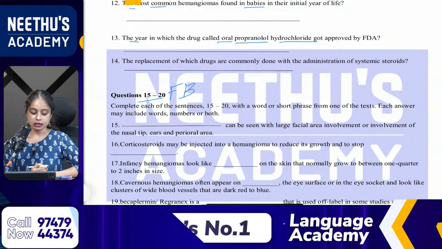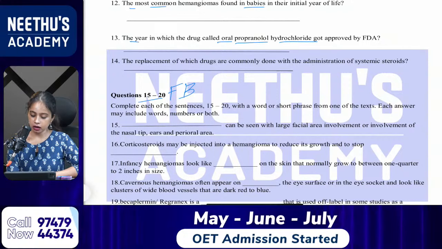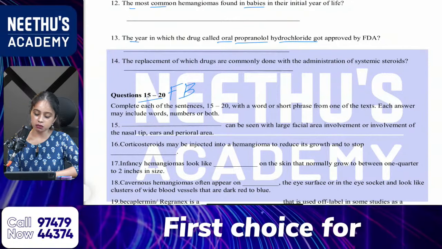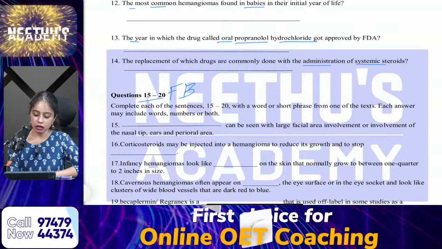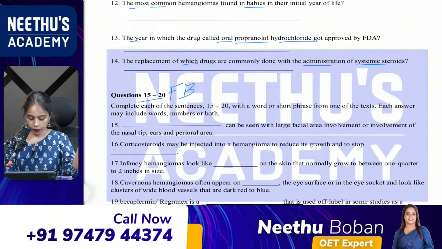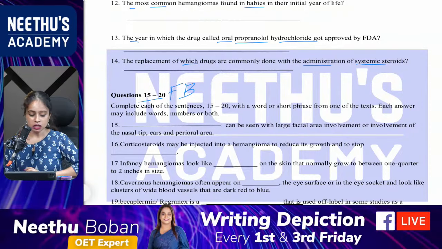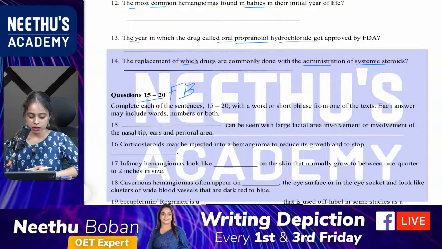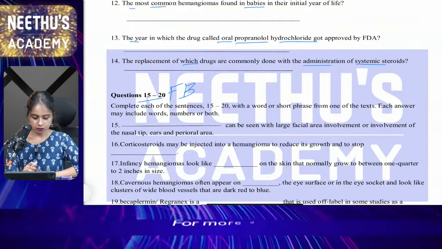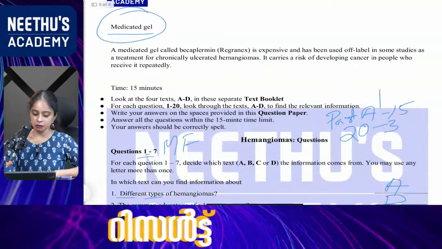So the 14th one: the replacement of which drugs is commonly done with the administration of systemic steroids. So we need which. Which drug? So we need the name of a particular drug. Drug we can connect with treatment, right?